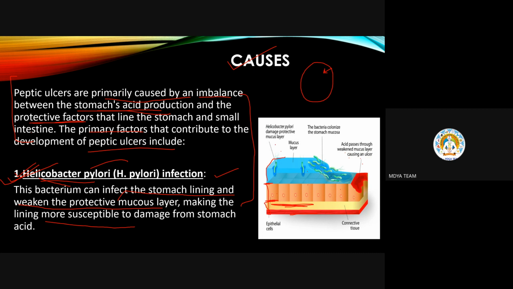So what happens due to this Helicobacter pylori? First Helicobacter pylori is there, and then it starts damaging this mucosal layer. This blue mucosal layer is damaged by the pylori.